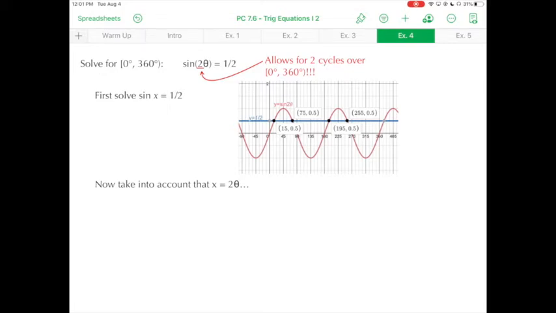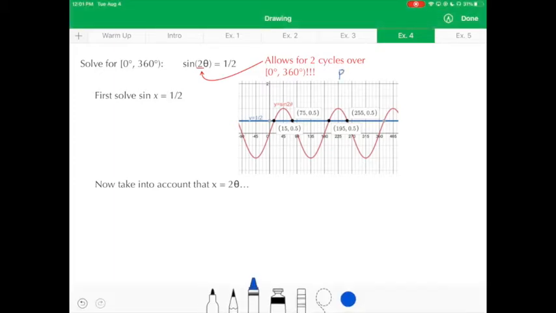Recall the normal period of the sine function is 360, but if we divide it by that b value of 2 that's within that argument, we end up with 180 degrees for the period. So that means you're seeing 2 cycles of the function over the interval that we're trying to solve for, which ultimately allows for more solutions, okay?